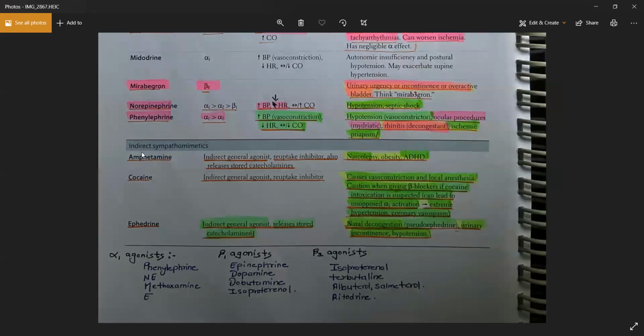Okay, then comes the indirect sympathomimetic agents. And these are the agents which increase the norepinephrine concentration in the synaptic cleft. Okay, we have studied this drug already, the amphetamine. Remember the function of this amphetamine?